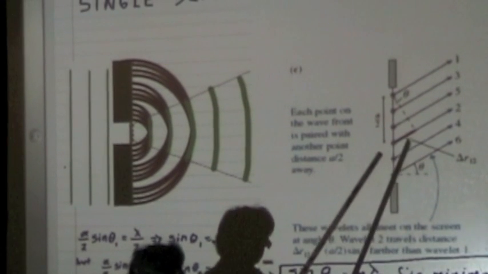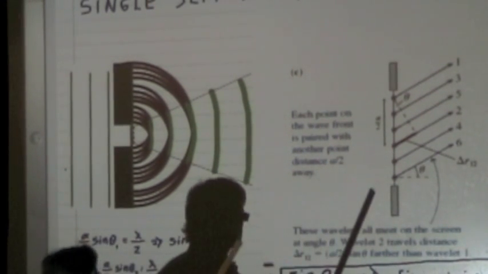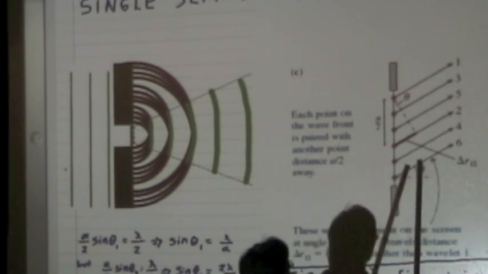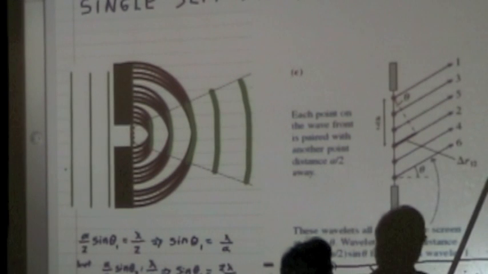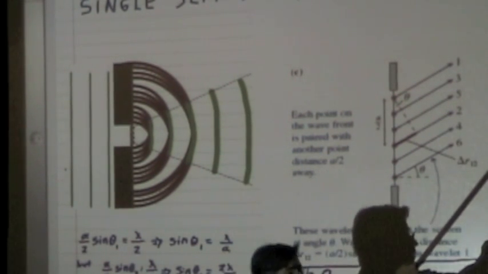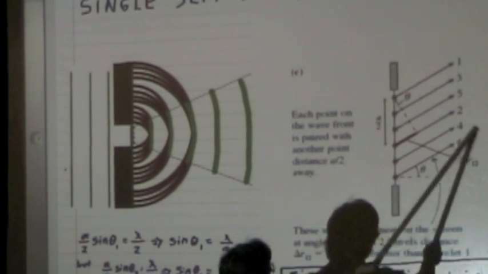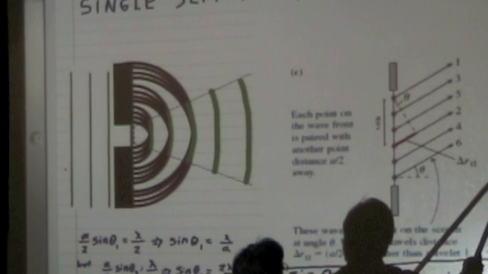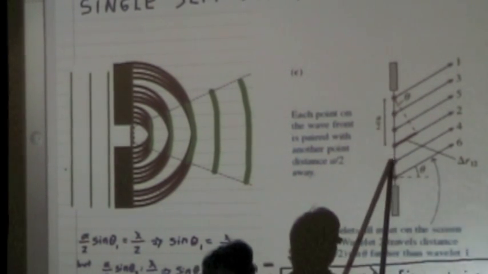Now it's easy to predict where the dark spots are going to be, but not the bright spots. Because think about what's happening to the phases when you're looking at a point on the horizontal, which you might think is probably going to be a maximum, right? Look at what happens. The phase of this point and the phase of that point are going to be the same, but those phases are going to be different from the phase of this point and that point.